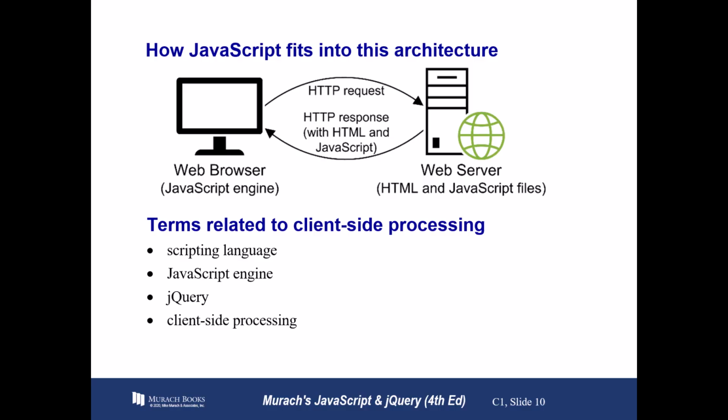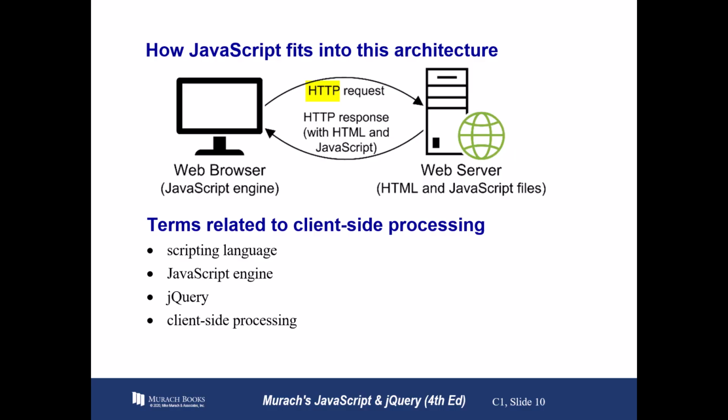JavaScript can be used in conjunction with either static or dynamic web pages. In this illustration, they are showing JavaScript using the same type of illustration as a static web page. Just like the static web page illustration, the web browser is making an HTTP request to the web server.